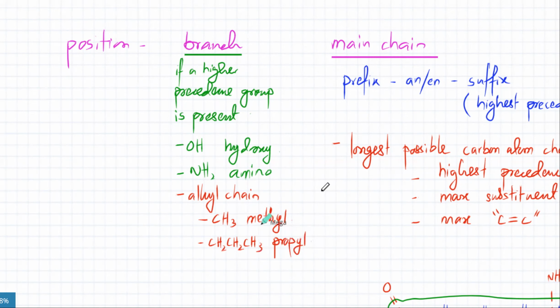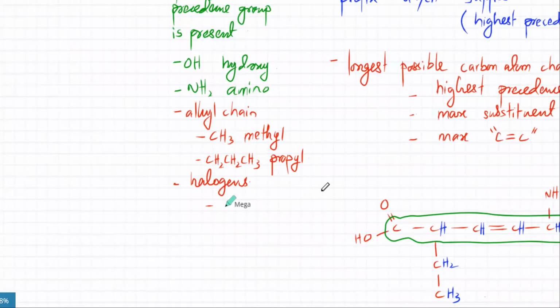Then you'll also have halogens. Halogens are always considered as branches. So chlorine would become chloro, bromine would become bromo, iodine would become iodo, and so on.